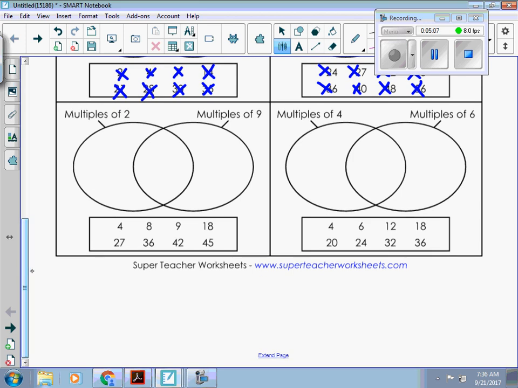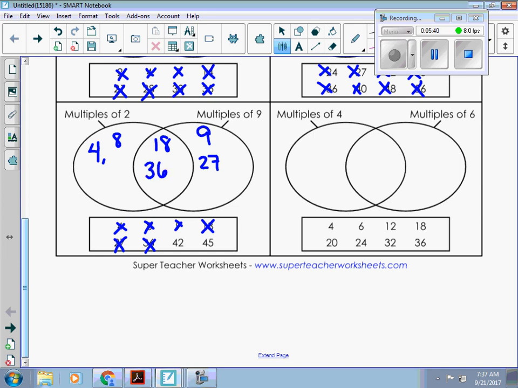And our last two, again, it can't be less than 9 and be a multiple of 9. Of 2, 9 is odd, so it can't be a multiple of 2, but it is a multiple of 9. 18, I can do 2 times 9 is 18, and 9 times 2 is 18. 27, again, is odd, so it can't be a multiple of 2, but it is a multiple of 9, 9 times 3. 36, I can do 2 times 18, or I could do 9 times 4.